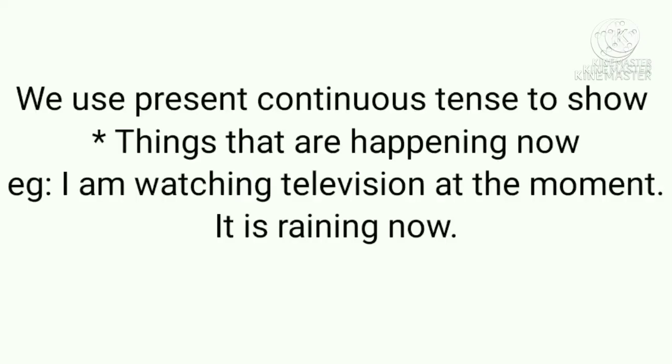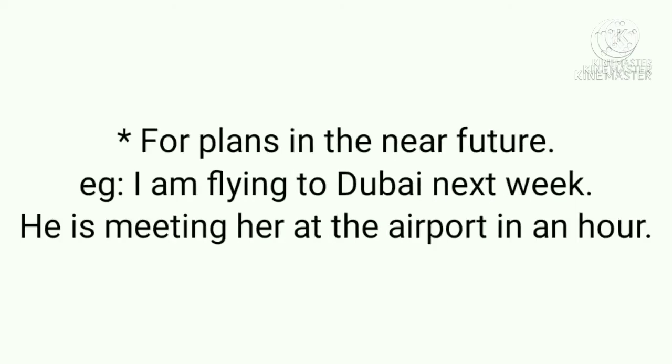For example, I am watching television at the moment. It is raining now. For plans in the near future, for example, I am flying to Dubai next week. He is meeting her at the airport in an hour.